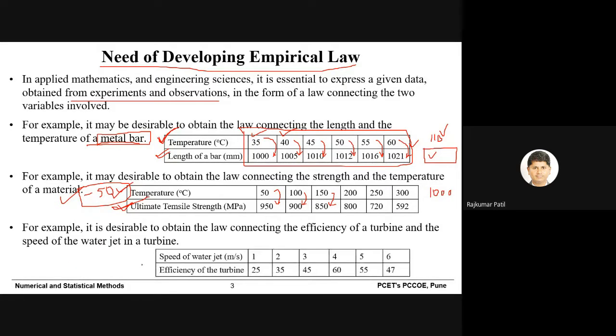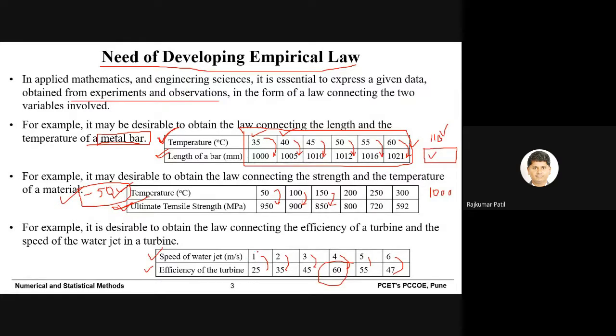Again, you have already performed some experiments on turbines or pumps, and for different speeds of the water jet, you calculated the turbine efficiency. In this table you can see the speed and corresponding efficiency of the turbine. As engineers, we are always interested in maximum efficiency.